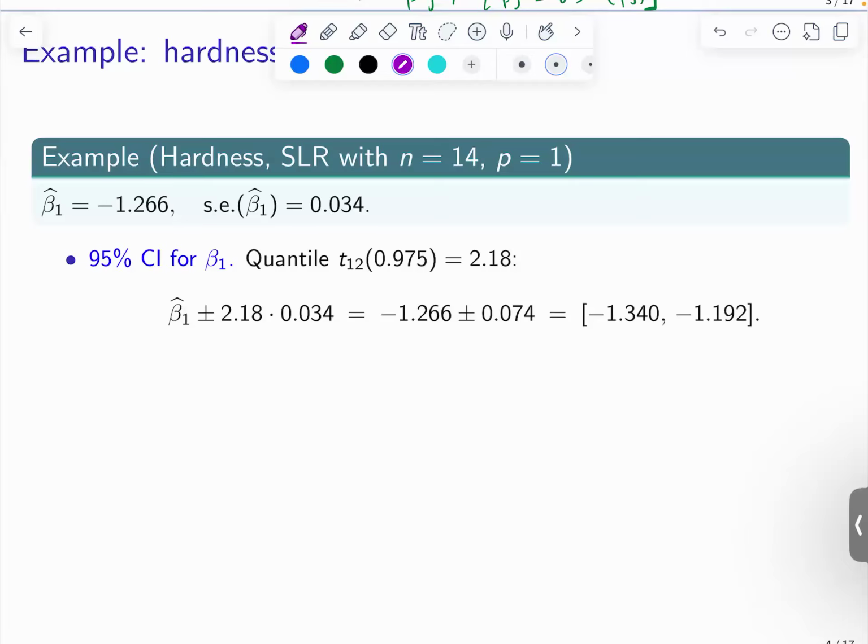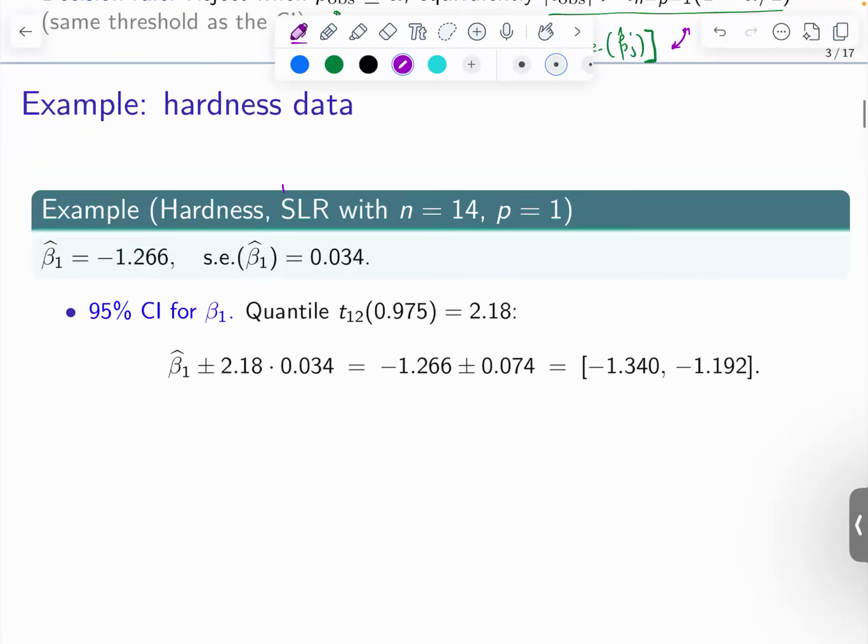So there's an example in the book for a simple linear regression problem. On the slides, it's abbreviated as SLR. It's a hardness example. I can look at maybe chapter 2, or maybe it appears later as well.